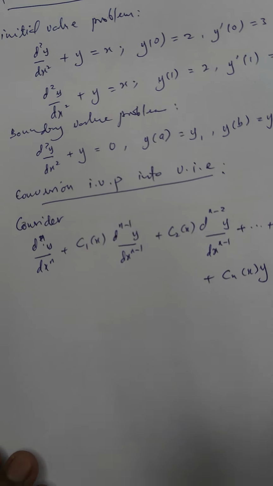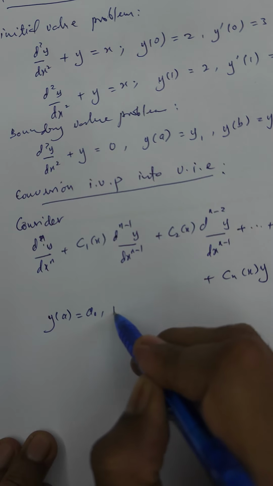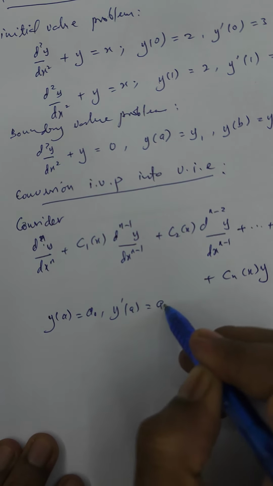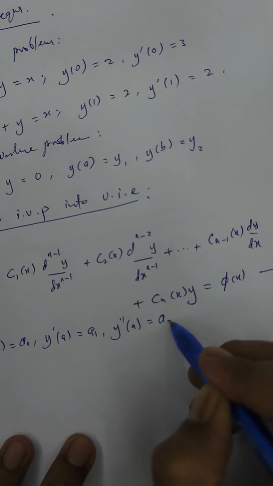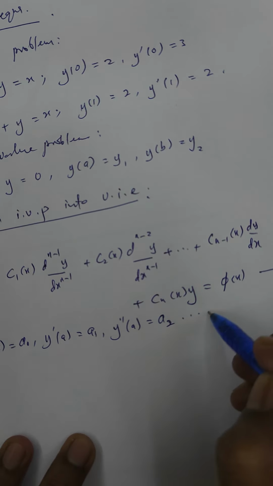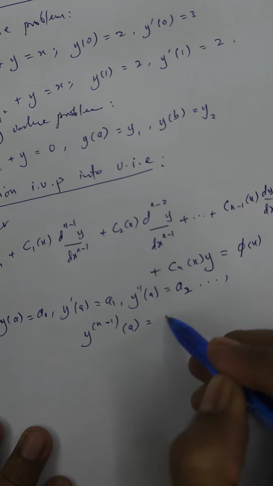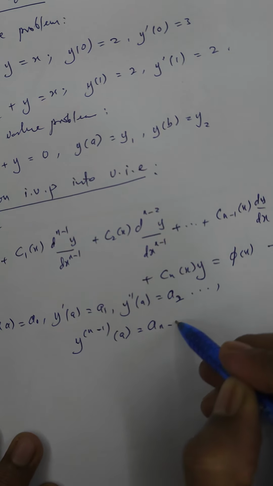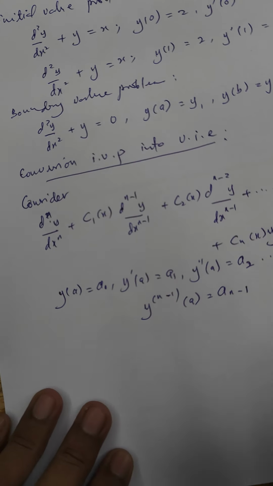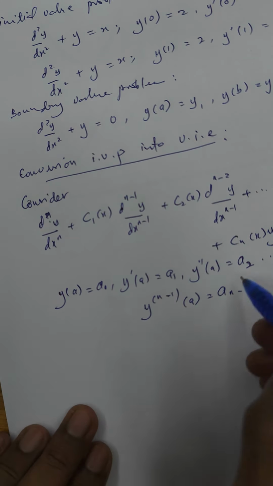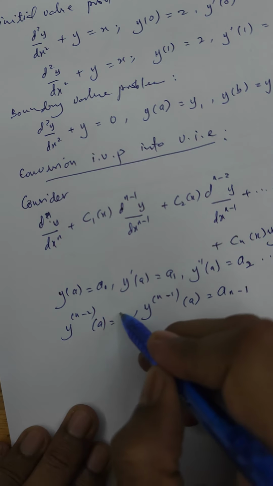With the conditions that y(a) equal to a0, y'(a) equal to a1, and y''(a) equal to a2, and so on, y^(n-2)(a) equal to a_(n-2), y^(n-1)(a) equal to a_(n-1). Let's call this equation number 2.